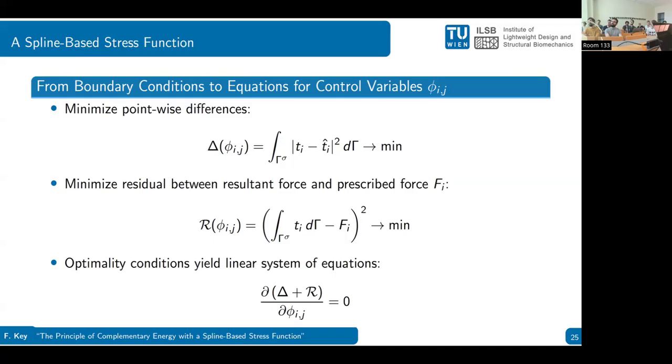So here in our traction, the stresses are hidden, and through our stresses, our stress functions, so our control variables, you can just take the derivative of this and set it to 0 to apply this minimization. So this is the general way how we apply boundary conditions for the stress function.